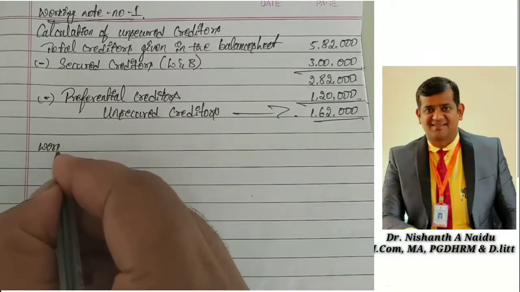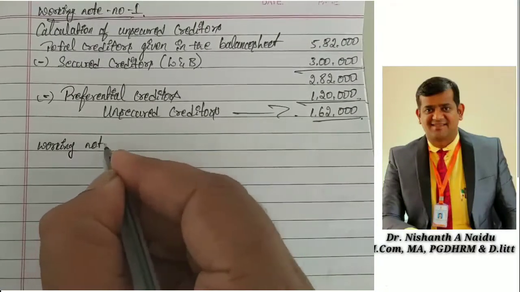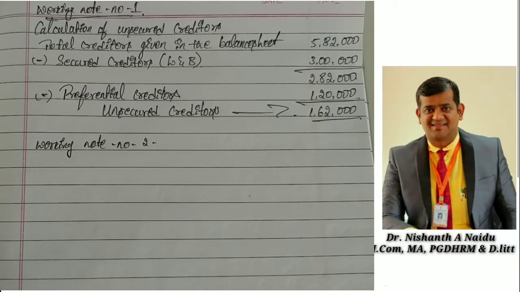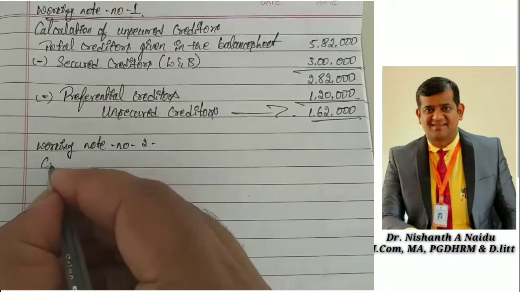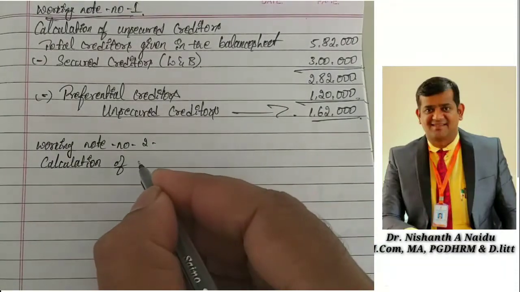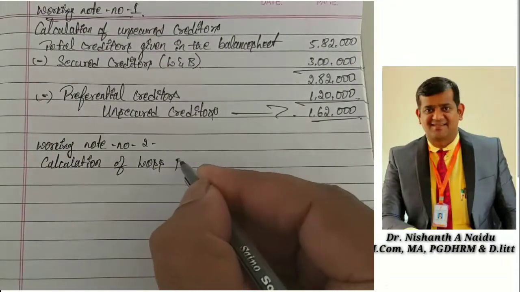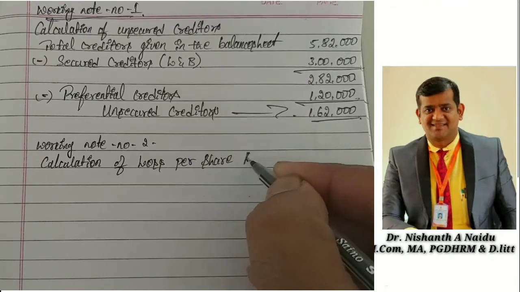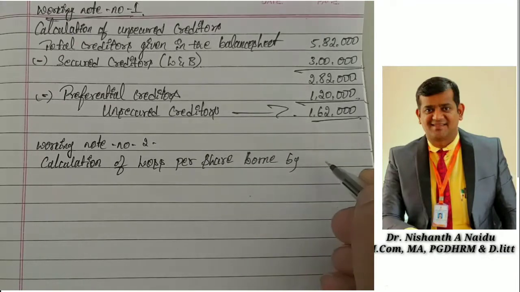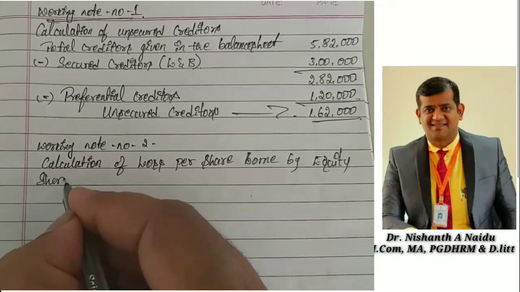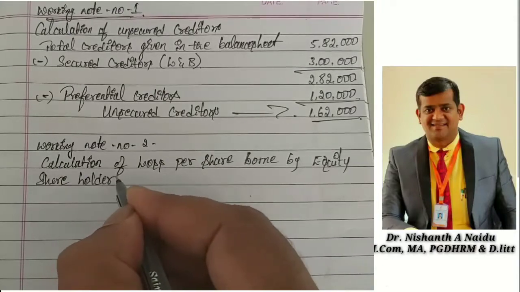What is this working note all about? The working note is all about the calculation of loss per share borne by equity shareholders.